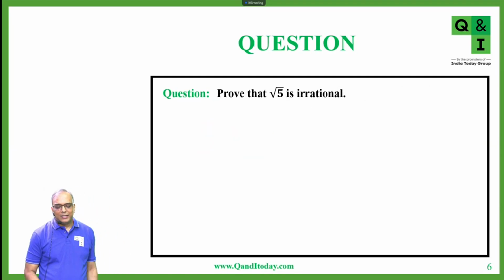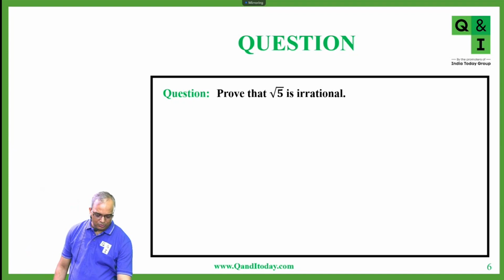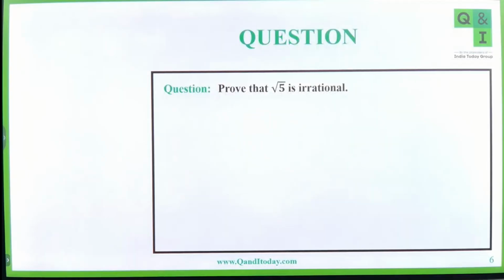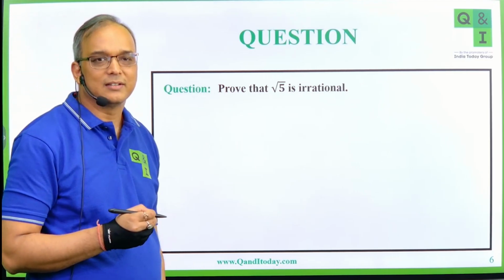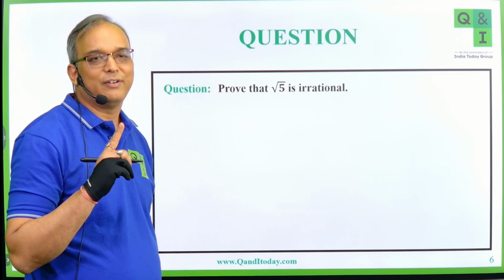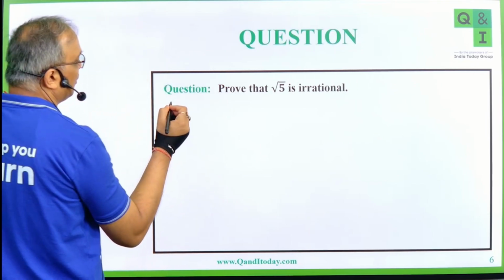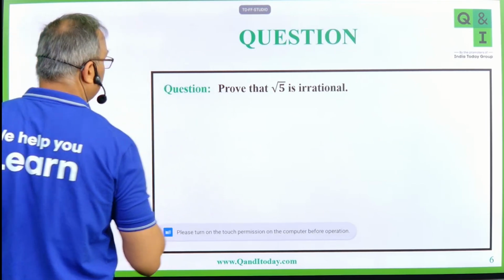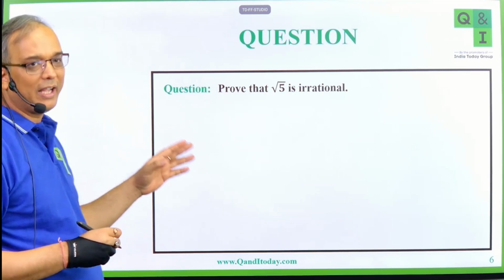Now let us quickly prove that root 5 is irrational. I'll do it together with you, so you can tell me the steps one by one. What is the first step? How do you prove root 5 to be irrational? Step number one: let us assume root 5 is a rational number.